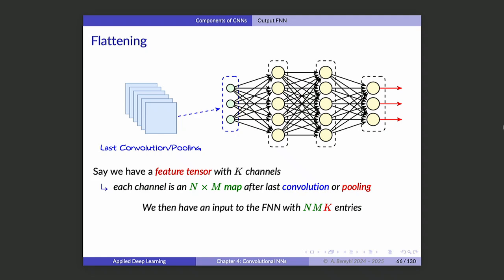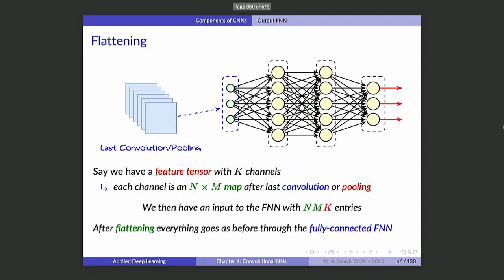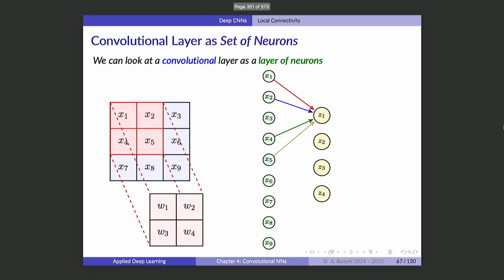It's not doing something magical. It's the same thing as before, but based on the intuition that we want shift invariance, we know that convolution is a good idea to extract our features. Now, after flattening, everything is a fully connected network, and that's it. Any question?